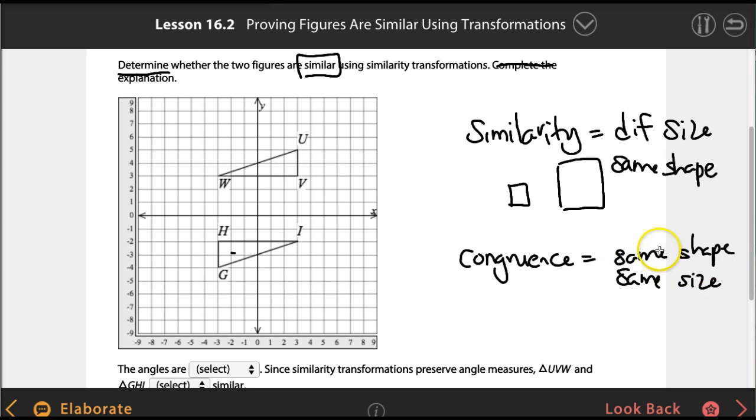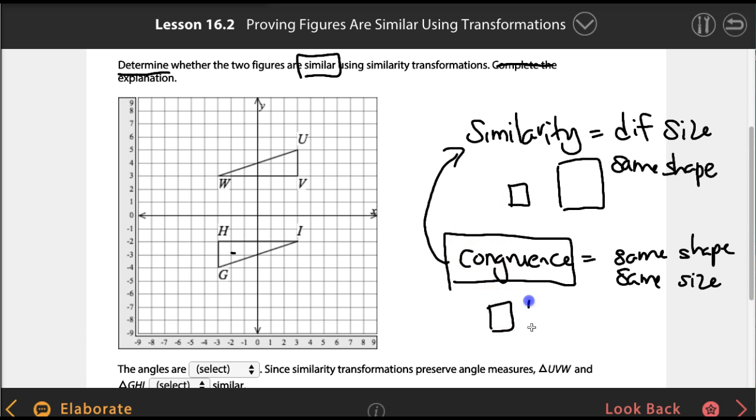So then some of my students were asking me when they were taking the Module 16 test, Miss Choi, if two shapes are congruent to each other, are they also similar? My answer is yes. If two shapes are the same size and the same shape, well, it's the same thing. Similarity means you can have, we're talking about different sizes, but this time your ratio for similarity could have been 1 to 1. So the size could have been the same. So by definition, when we talk about similarity, we only talk about preserving angle measures, right?